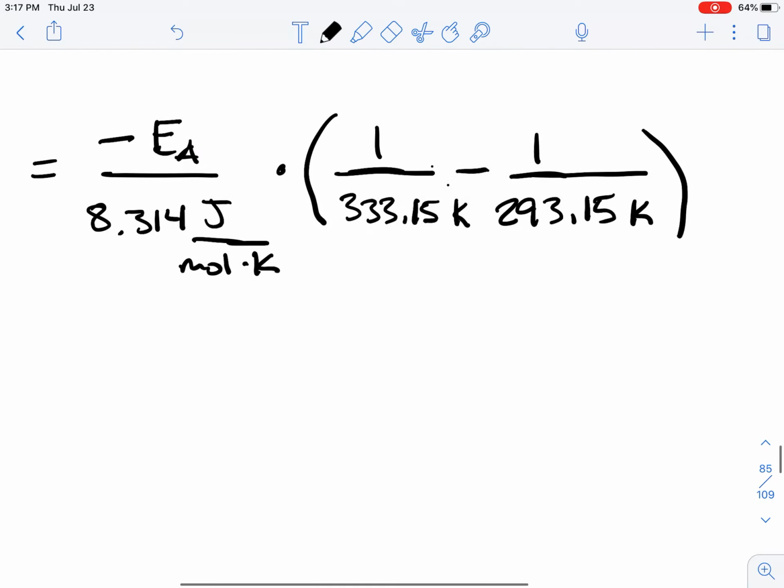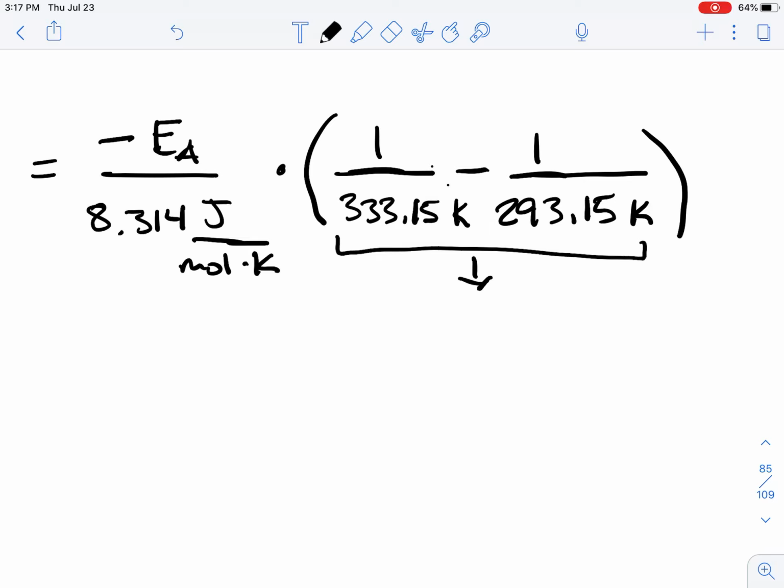All right, so I'm going to now focus on what's happening inside this parentheses. And so in my calculator, I'm just going to do it in one step, but when I do it in one step, I'm going to put a whole bunch of parentheses. So I'm going to put parentheses, parentheses, 1 divided by 333.15, end parentheses, minus, and then another parentheses, 1 divided by 293.15, end parentheses, end parentheses.